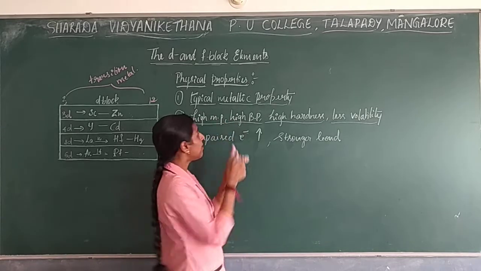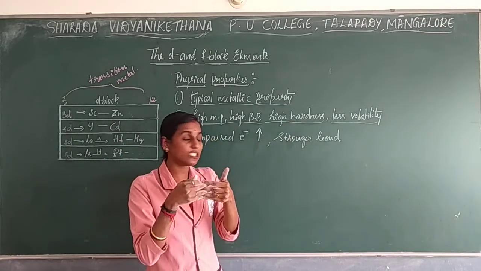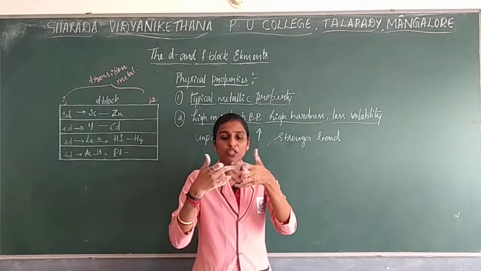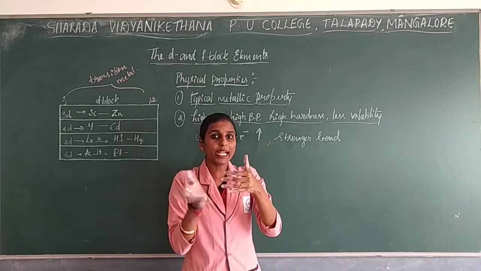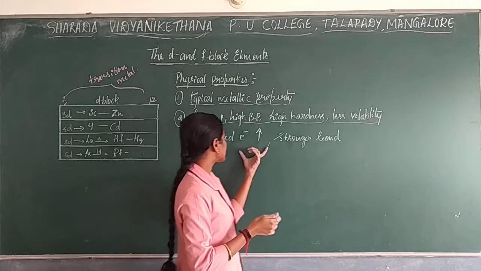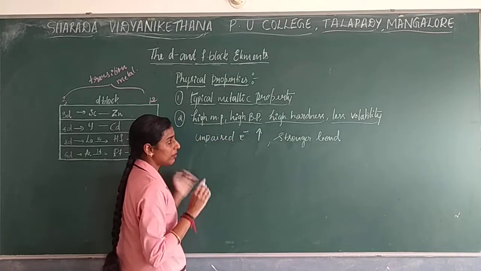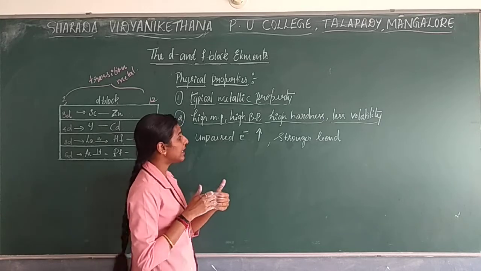That's why the melting point and boiling point are high, the metal is very hard, and because of this strong bond, volatility, evaporation, is less. Due to the presence of unpaired electrons, the metallic bond becomes stronger.